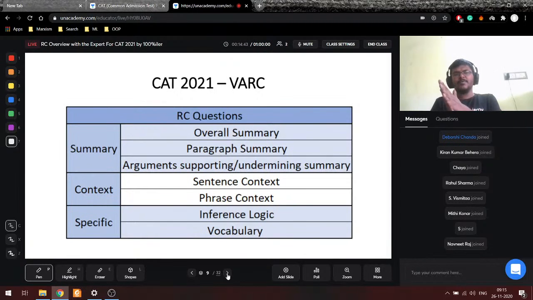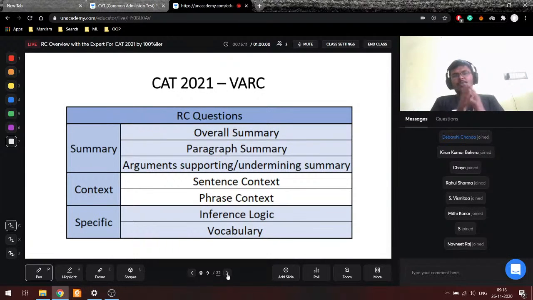Then it gets relatively easier. However, in some cases it just says which of these arguments would support or undermine the author's argument the most. So then you have to understand the argument the author is trying to make, and then assess the arguments given to you to see which of them would support or undermine it the most.